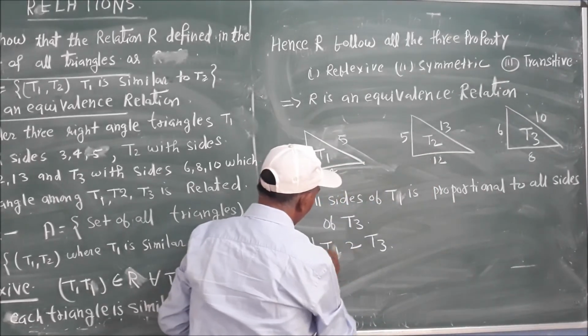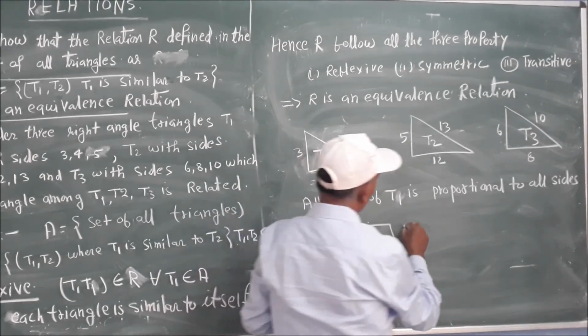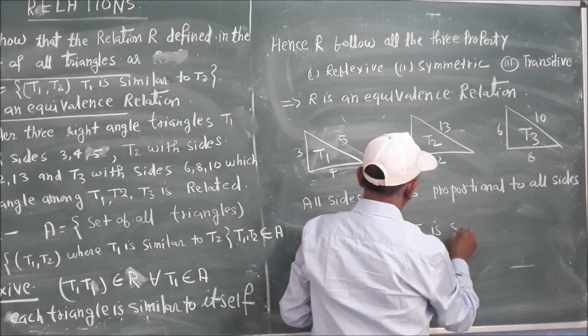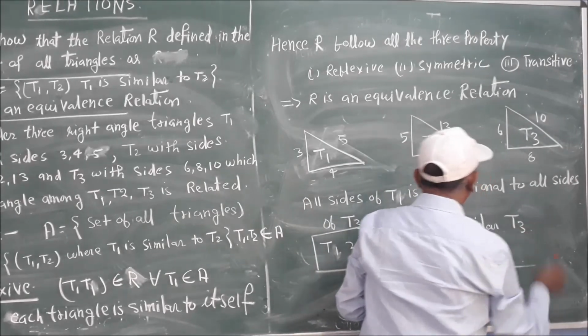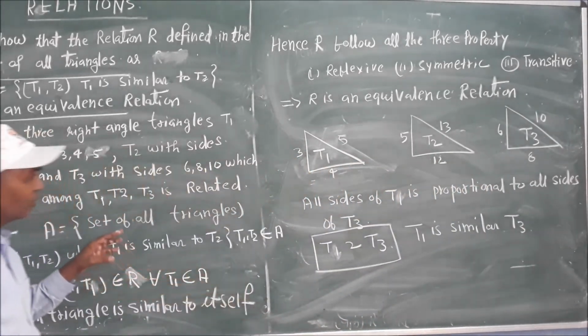That means T1 is similar to T3. So we can write T1 is similar to T3.